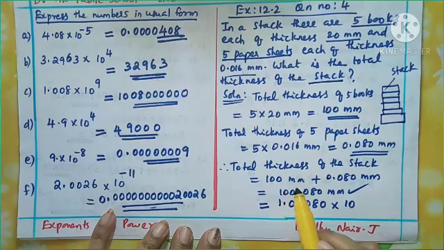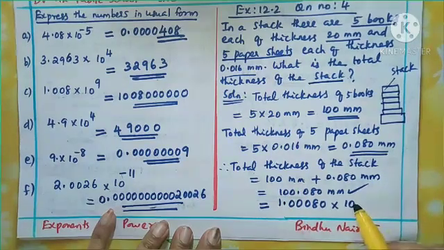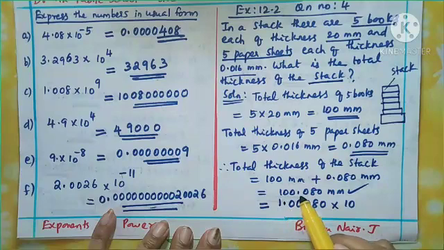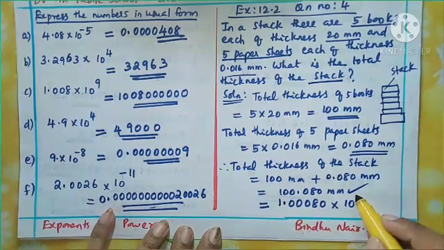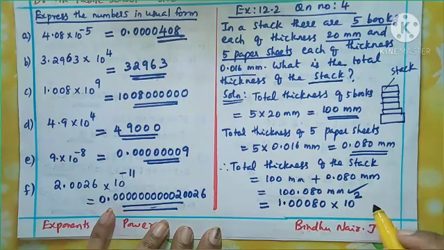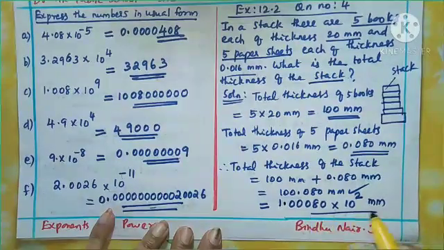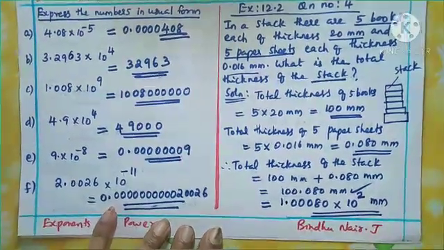The point was on the right side, we moved it to the left side, so the power will be positive. So we put into 10 to the power 2, and write the unit millimeter. That is the required answer.